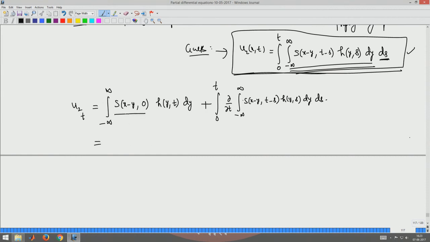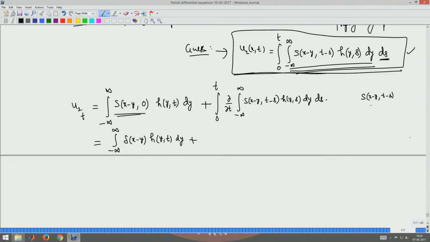And you can see that, as we have seen yesterday, S of x minus y, 0 is nothing but your delta function. So, you have the integral from minus infinity to infinity of the delta function of x minus y acting on h of y, t, dy, plus, and now if you see this one, dou t of this function S of x minus y, t minus s satisfies the heat equation.